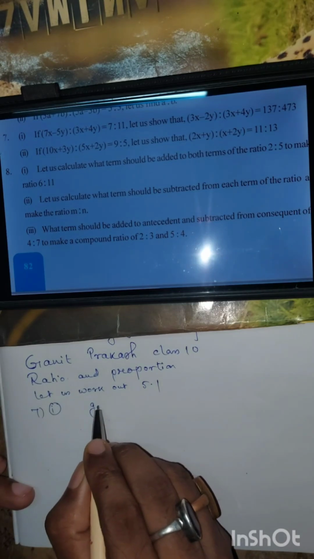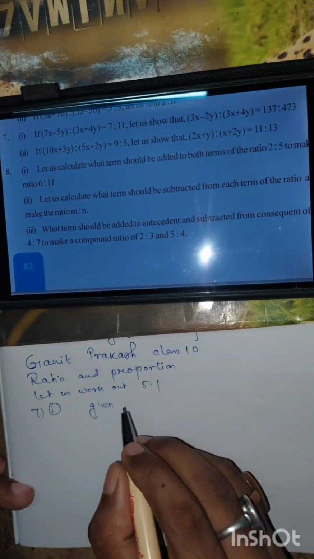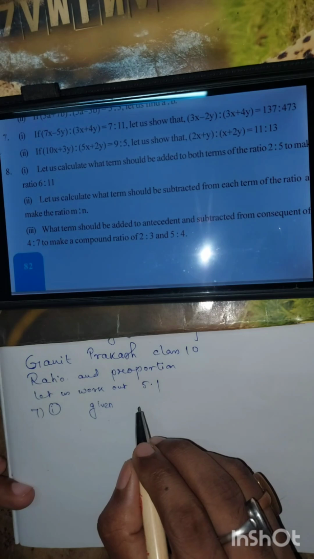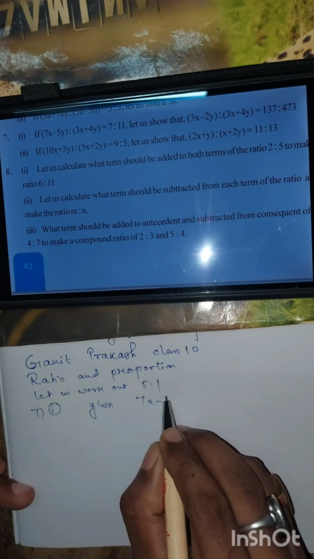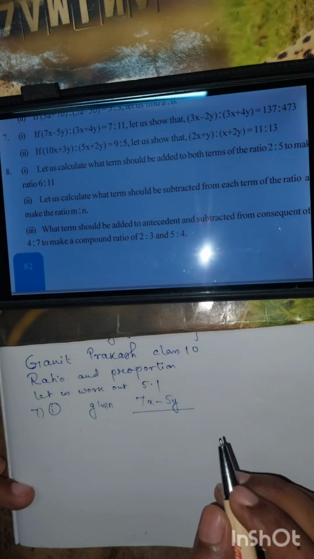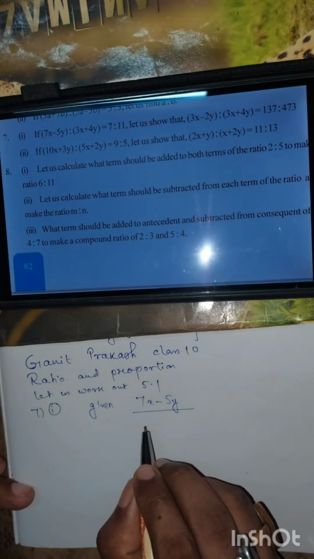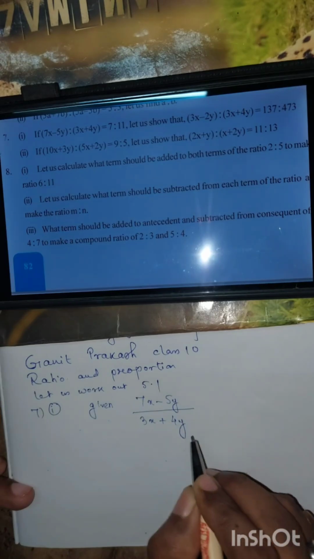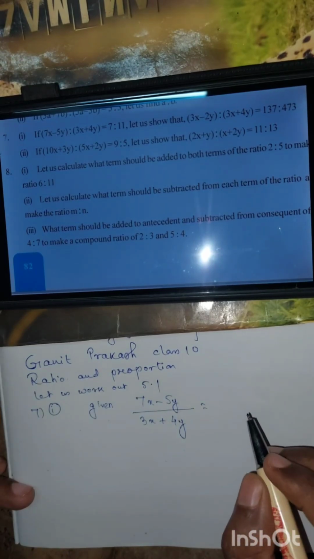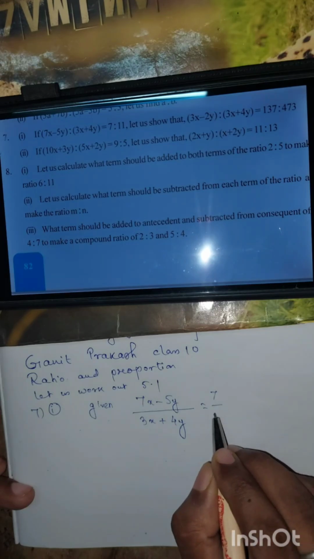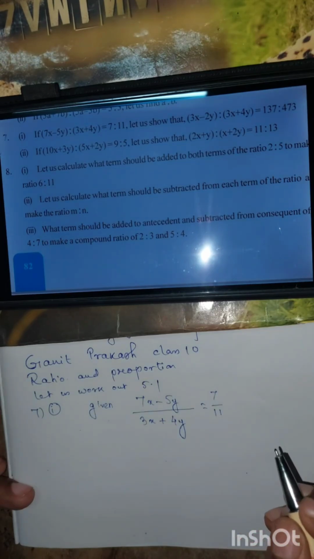So the given part is 7x minus 5y by 3x plus 4y is equal to 7 by 11.